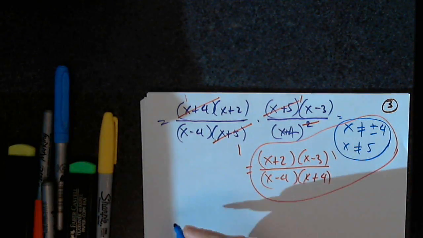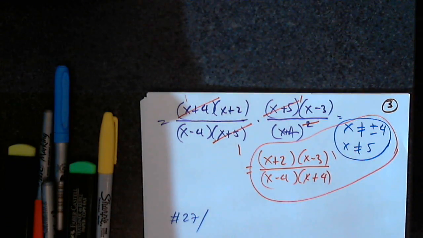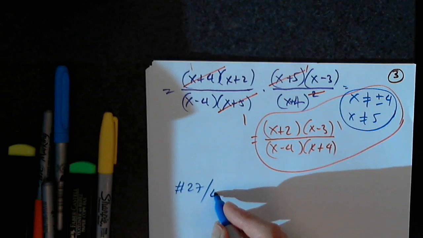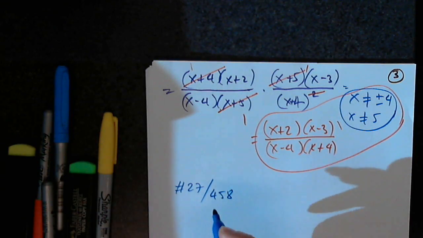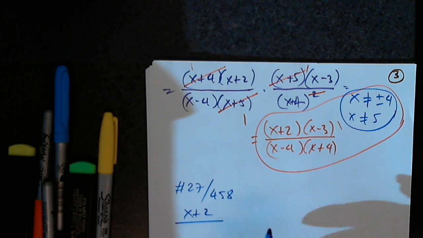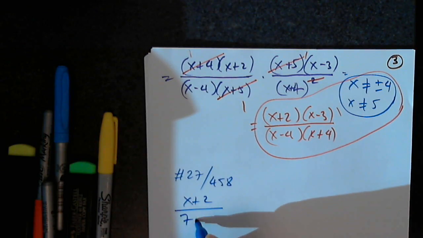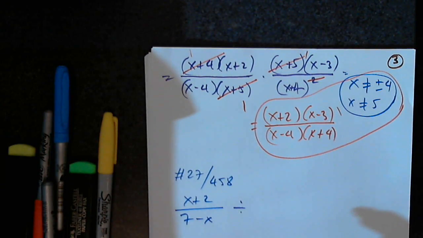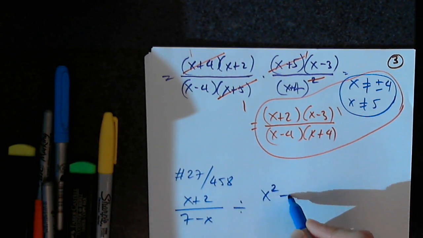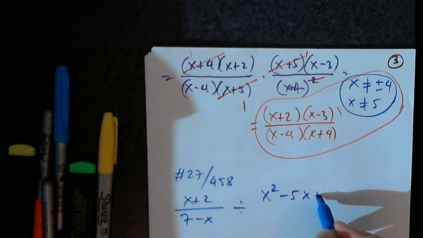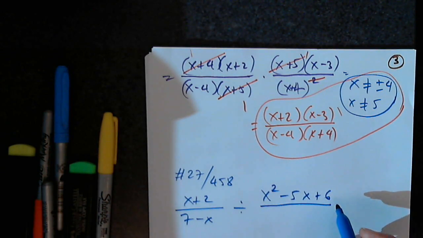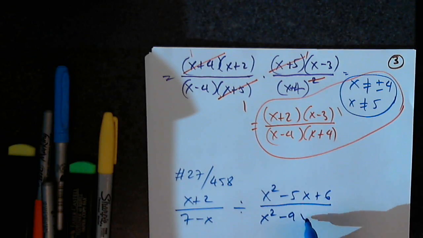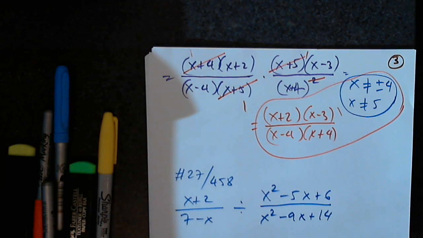Let's say 27 on page 458. And that reads x plus 2 divided by 7 minus x, further divided by the fraction x squared minus 5x plus 6 divided by x squared minus 9x plus 14.